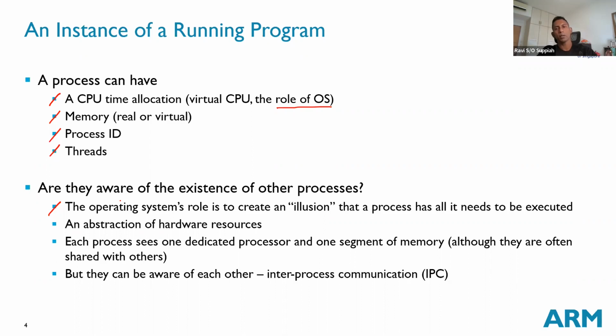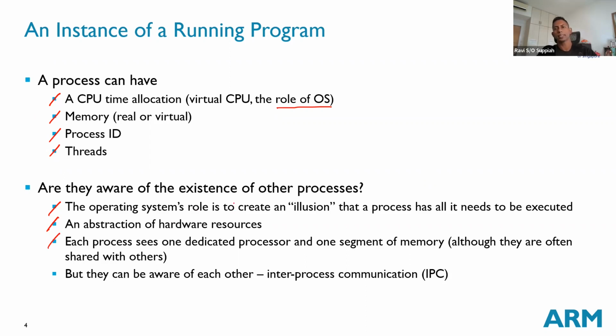The OS manages it in that way, and at the same time, it's also able to create an abstraction of the hardware resources. Multiple processes may require the monitor, the screen, the keyboard, the mouse, everything. But at any point of time, whichever process is active will get to use it. So every process sees one dedicated processor.